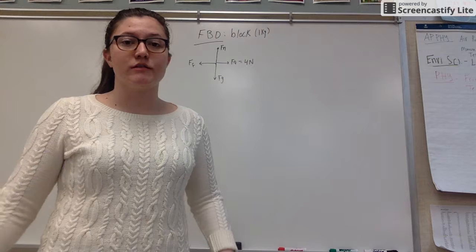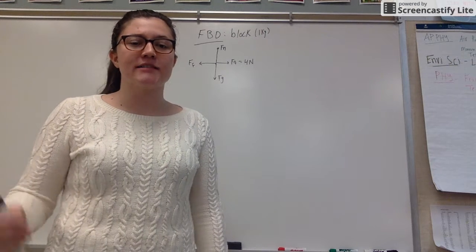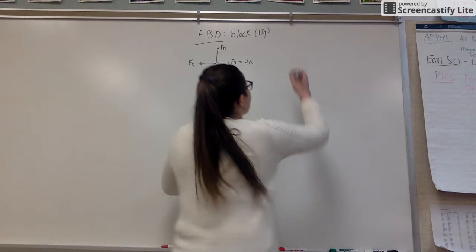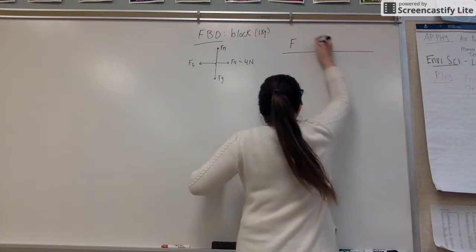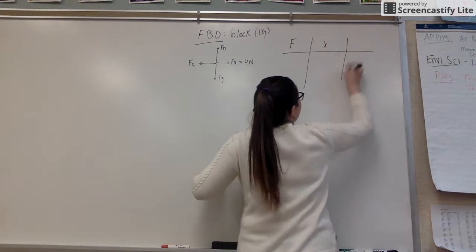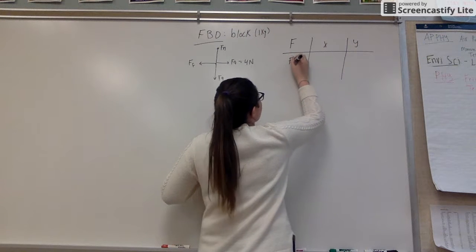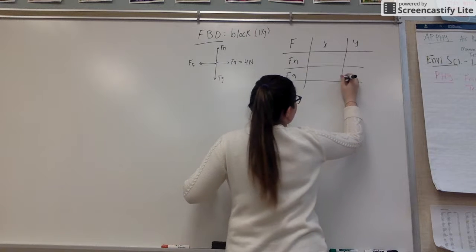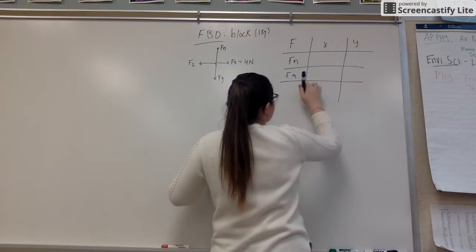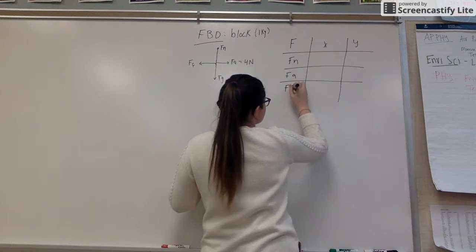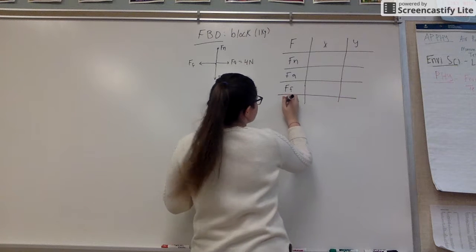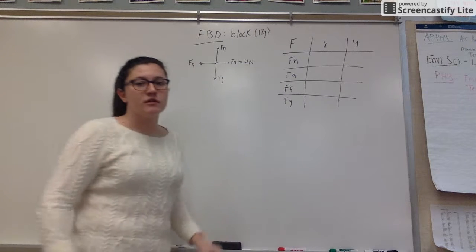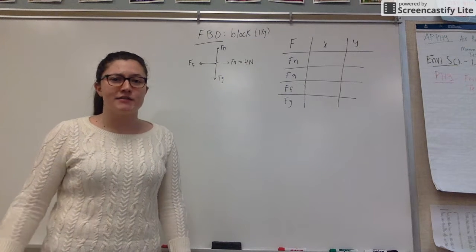Now you're going to take those forces and break them into x and y components using that force diagram. So our normal force is positive in the y and 0 in the x.